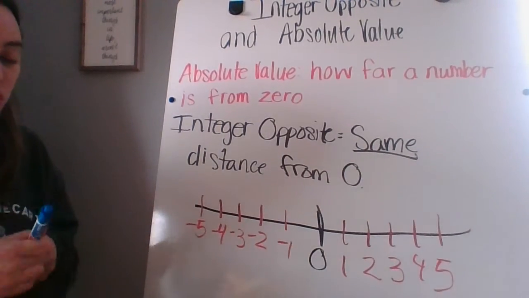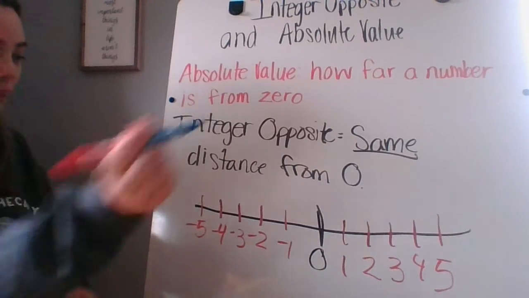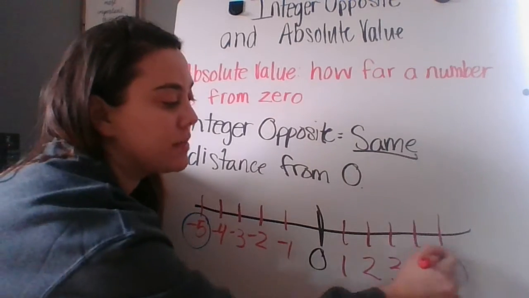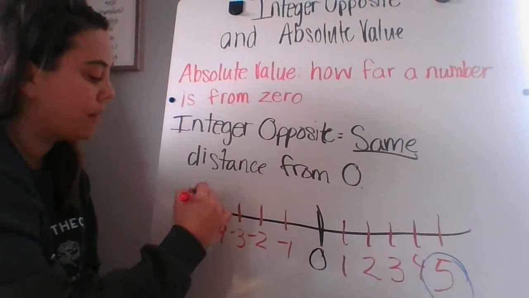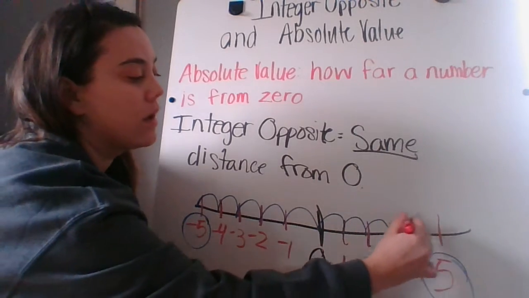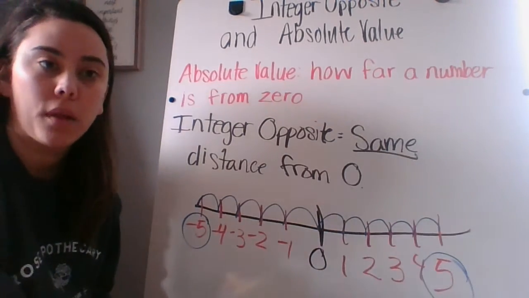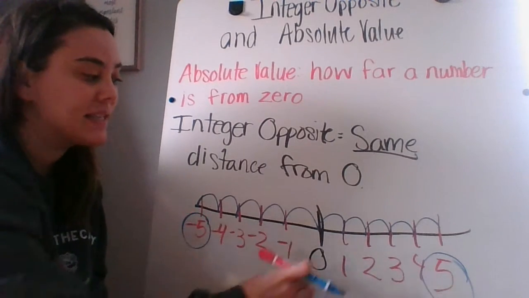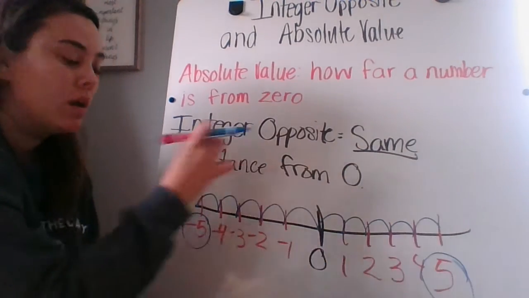So for -5, its integer opposite is going to be +5 because they both have a distance of 5 from the 0. So they have the same distance from 0.